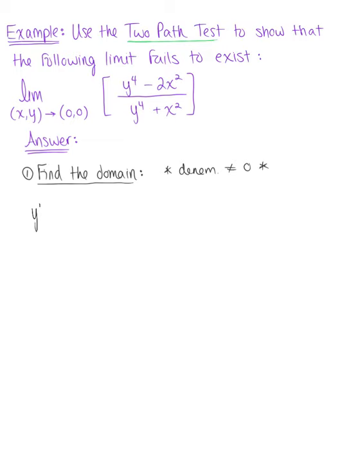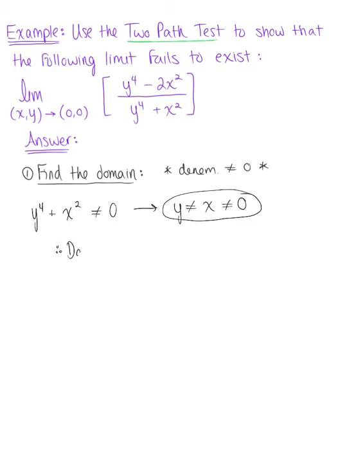Setting our denominator, y to the fourth plus x squared, cannot be equal to 0. We see that y and x cannot both be equal to 0. That is the only time we're going to get a 0 in the denominator, when both x and y are equal to 0.